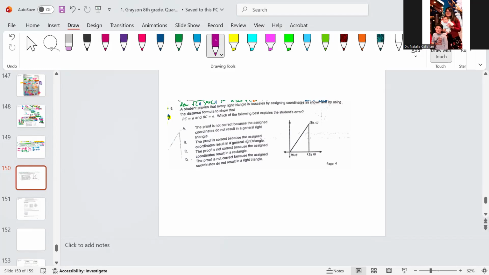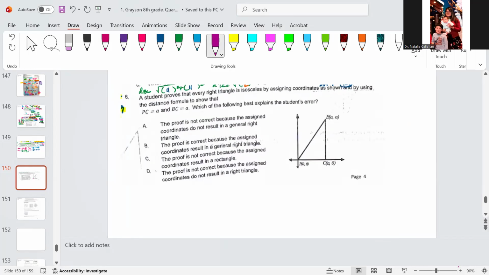Every right triangle is isosceles. He's saying every right triangle, so this is a right triangle. It's trying to say this part is equal to this part, right? Which will make an isosceles triangle, right? Isosceles triangle just means two sides are the same. This one is not the same, and this is a right angle. That's what they're trying to prove, right?